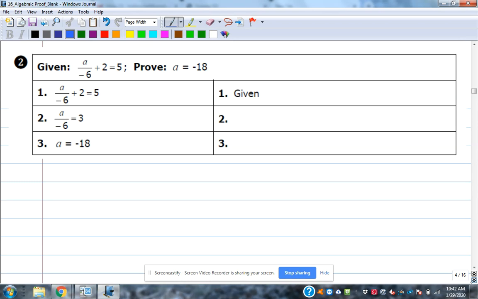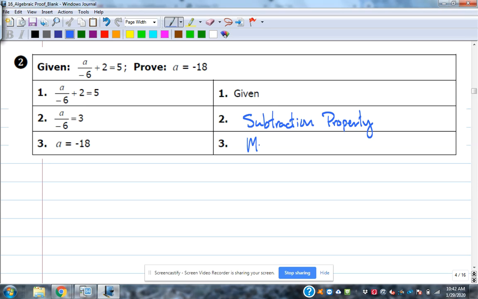Okay. So what was the first step that they used? Subtraction property. Pretty easy. And then last step. Yeah, they multiplied by -6 to get -18.